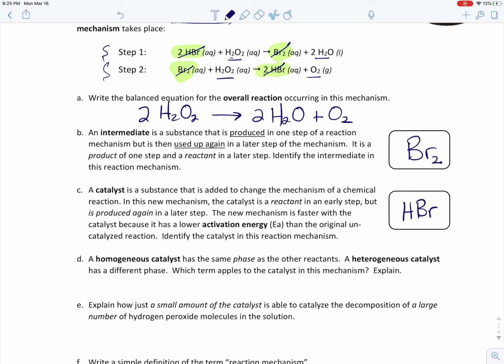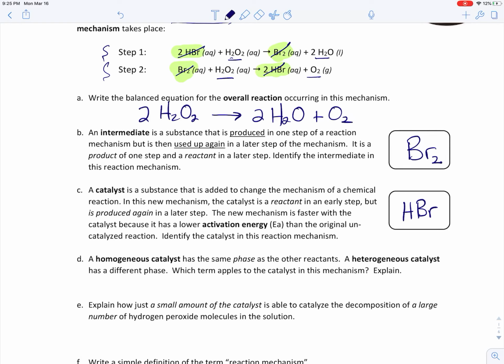If they're homogeneous, it means the catalyst is in the same phase, solids, liquids, gases, aqueous, as the other reactants in the reaction. So when we look up at the mechanism, notice that the HBr was aqueous, while the H2O2 that it was reacting with was also aqueous.